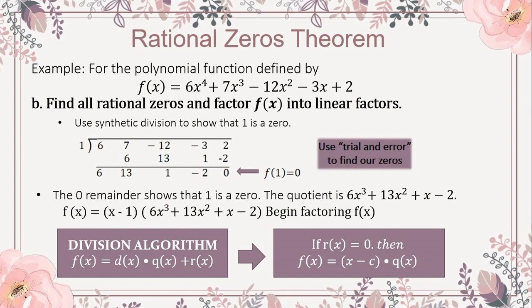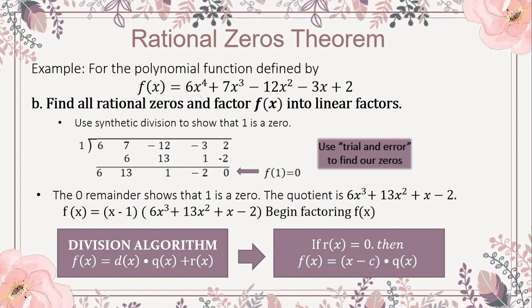So 6 plus 7 is equal to 13. 13 times the divisor is equal to 13, so we write the 13 under the negative 12. Negative 12 added to 13 is equal to 1.